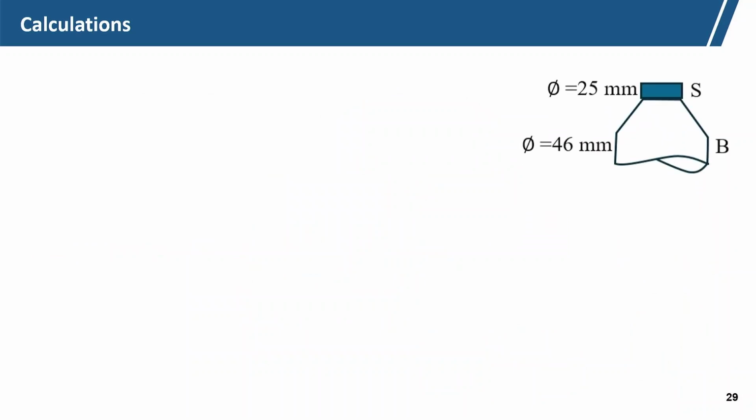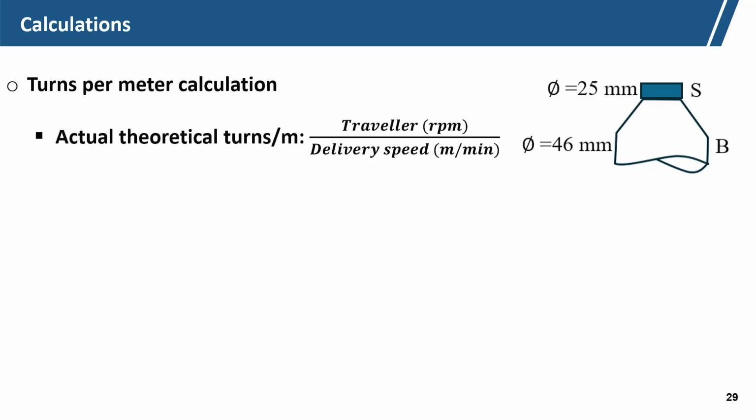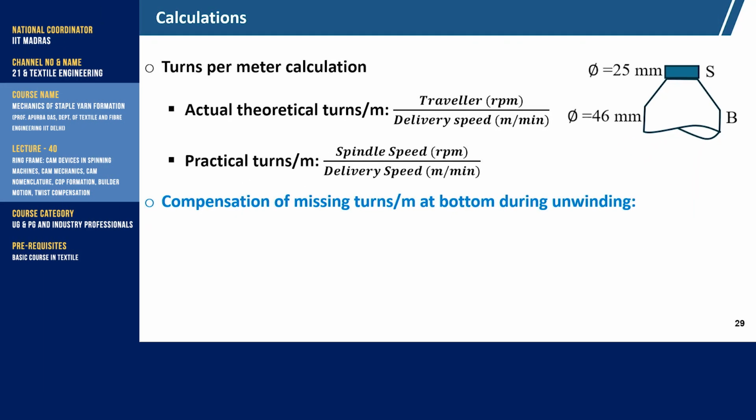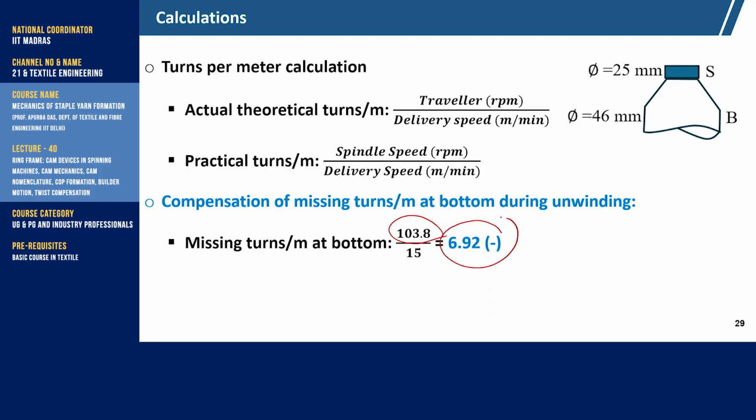Now, for the base we can see turns per meter. We have already discussed this. Now, twist per meter at the bottom: at the bottom we missed 103.8 RPM, so twist per meter was missed by 6.92.